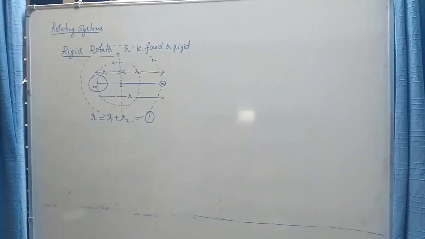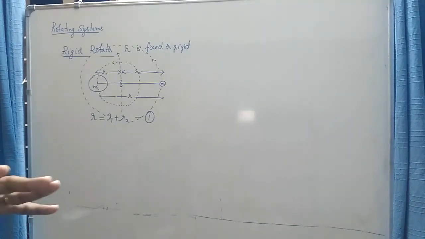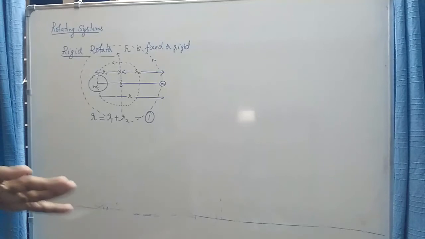So this model can be treated as similar to planetary motion. For example, Earth is revolving around the Sun. Suppose we treat the mass of the Sun as infinite, then we can assume that the Sun is stationary, it is not rotating.